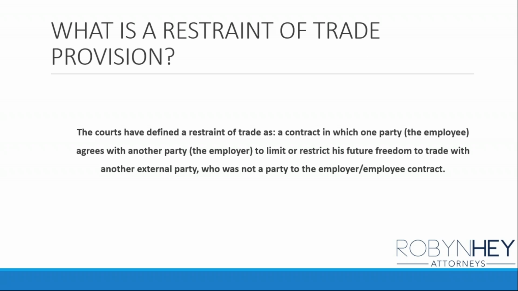So essentially, what you're saying is that if you employ Betty Sue, in the future, if she leaves your employ, she is not going to be able to trade or to practice her business as freely as she would have before she worked for you. Now, we're going to go through that quite carefully.